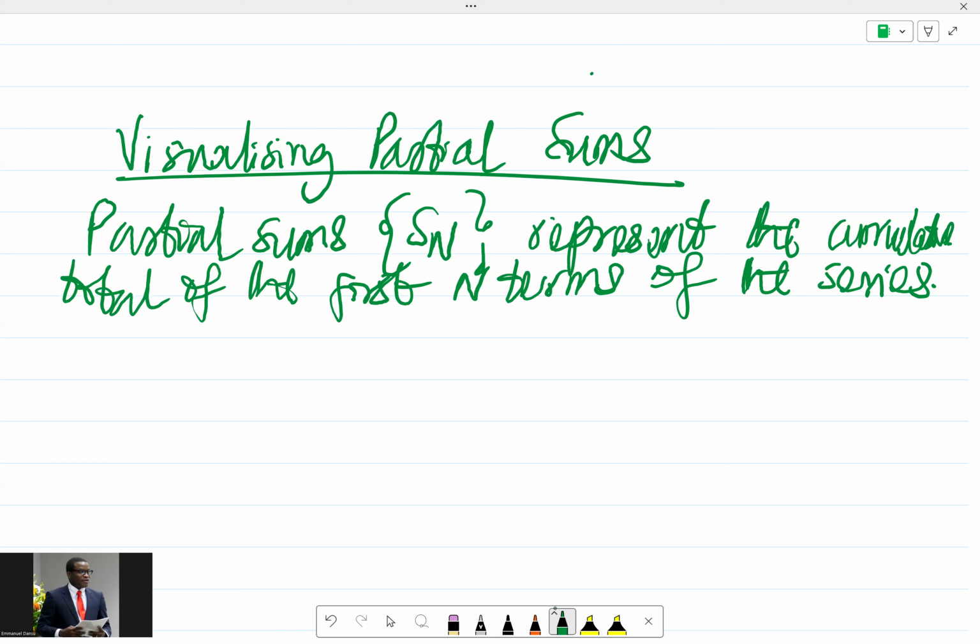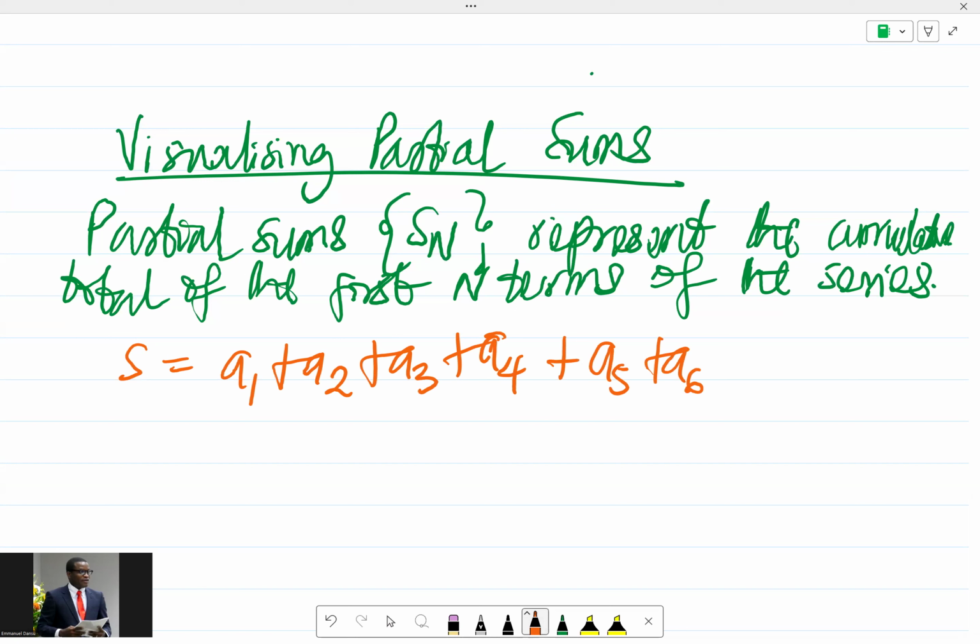I can demonstrate that right now. Imagine you have a series S equal to A1 plus A2 plus A3 plus A4 plus A5 plus A6 and so on, up to plus An. S1 is equal to A1.